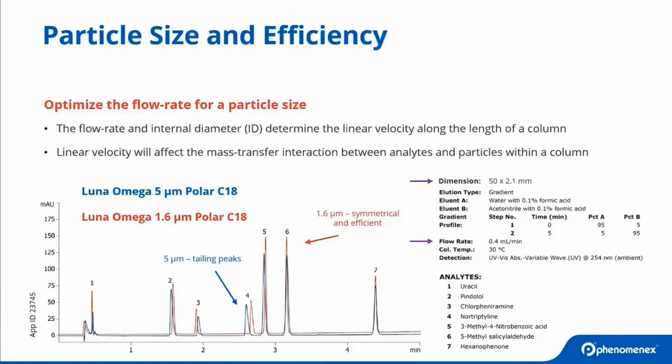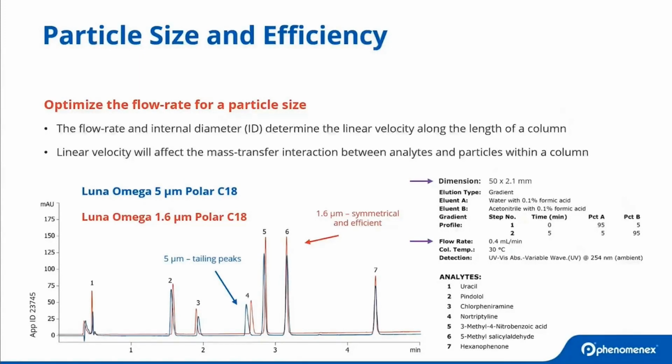We can see here with a chromatogram that we saw earlier, that when we apply the same instrument conditions, in addition to the more efficient and symmetrical peaks with the 1.6-micron particles, we also see a bit of tailing exhibited by the 5-micron particle.